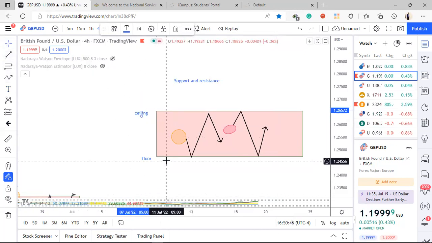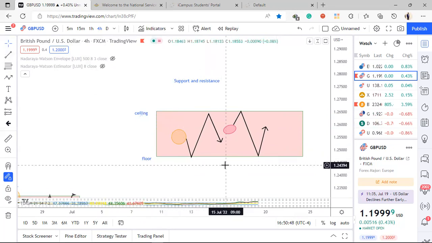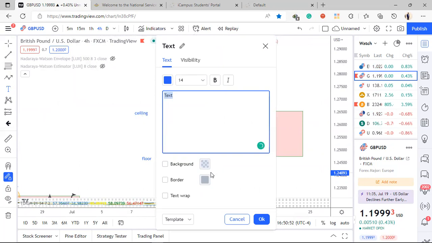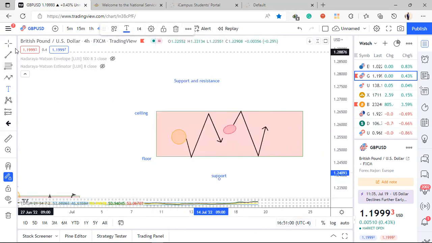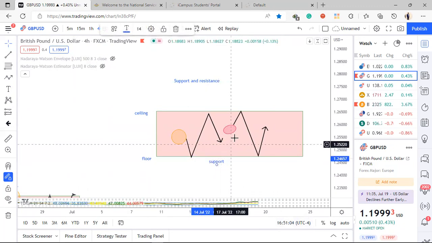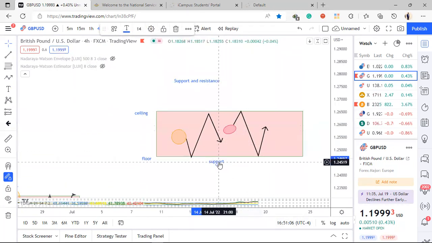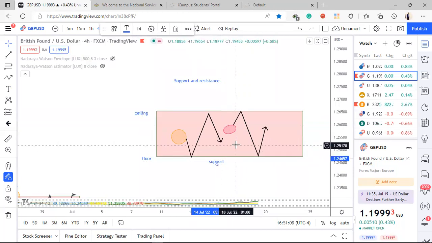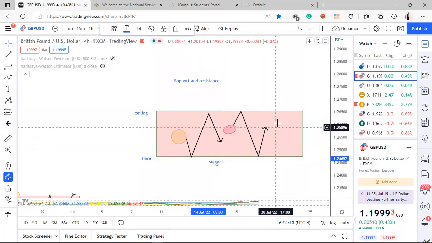So where the floor is, what you call the support. So this side is supporting price to go up. This side is supporting price to go up.